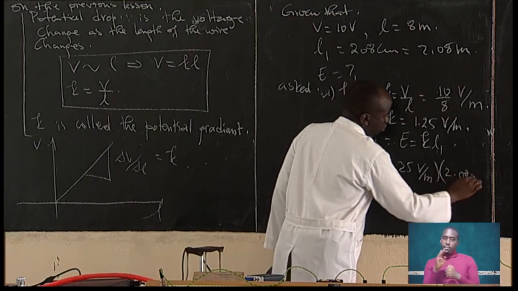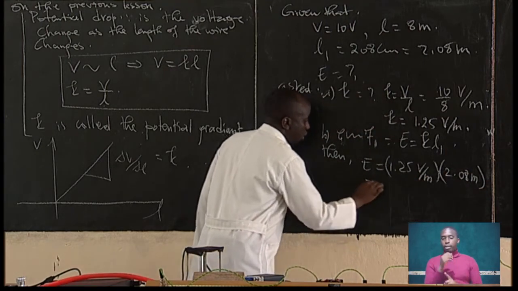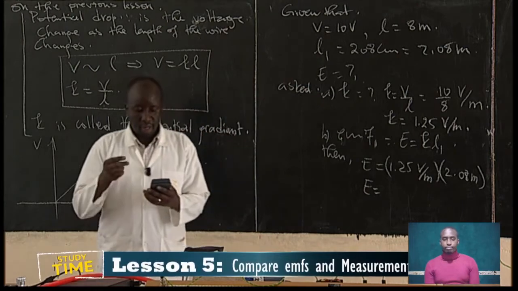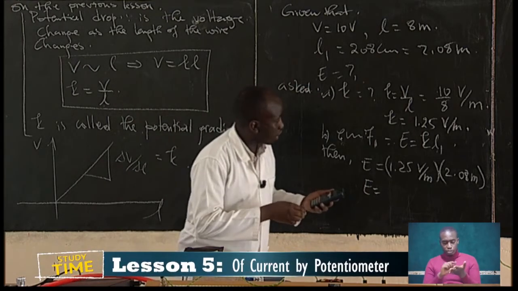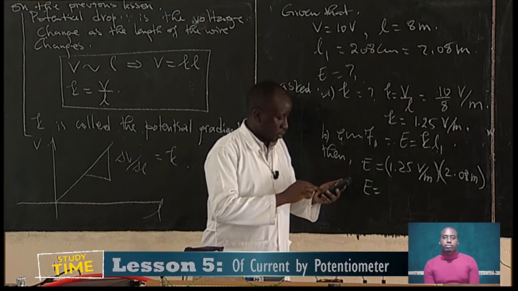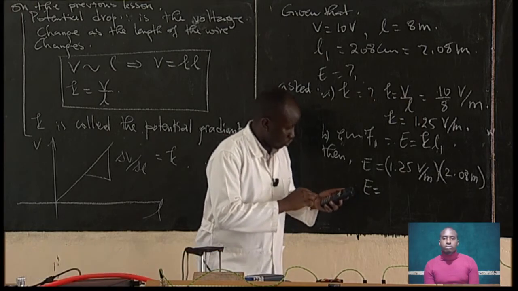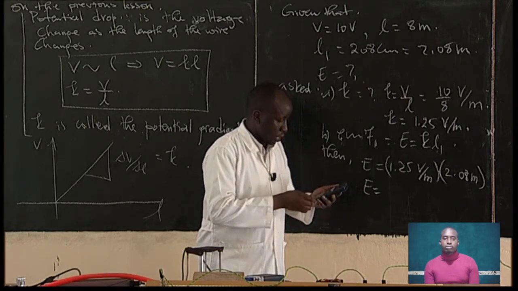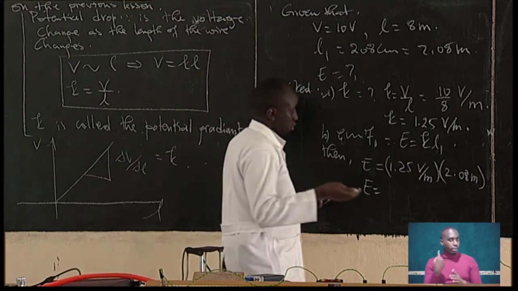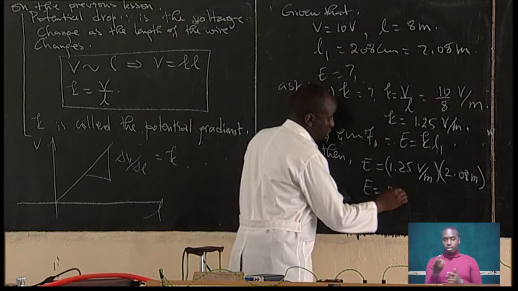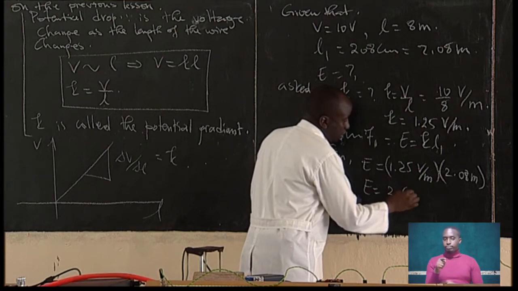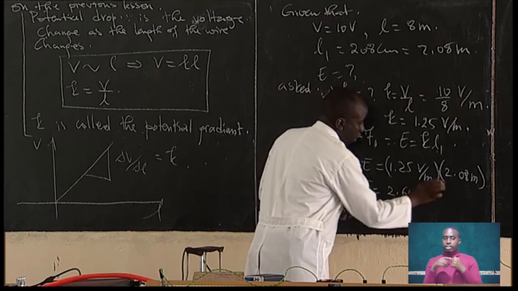2.08 meters. And then this A here will be equal to, so let's calculate that. So this is 1.25 times 2.08. What did you find? So me, I've calculated 2.60 volts.